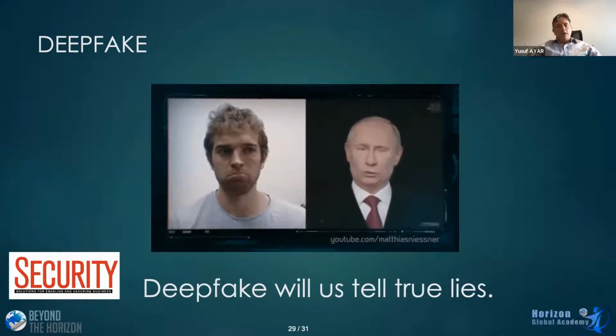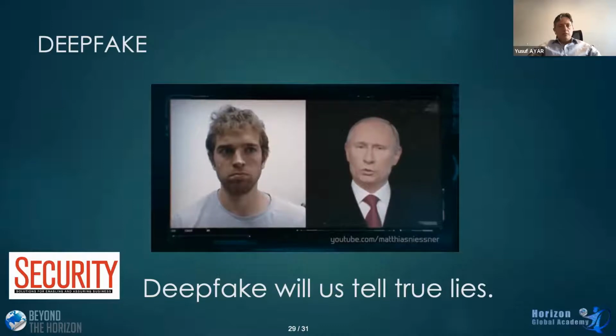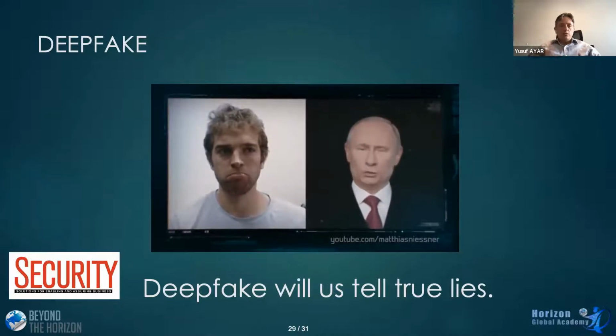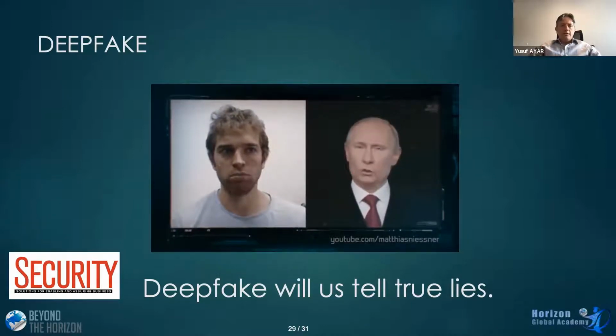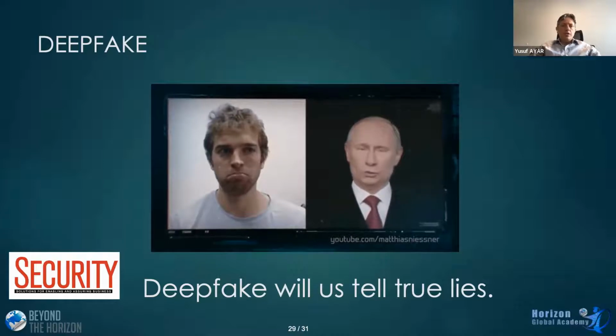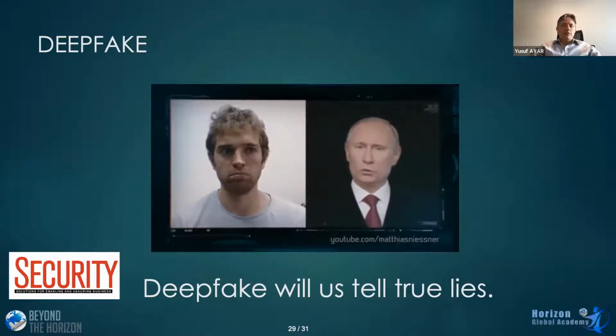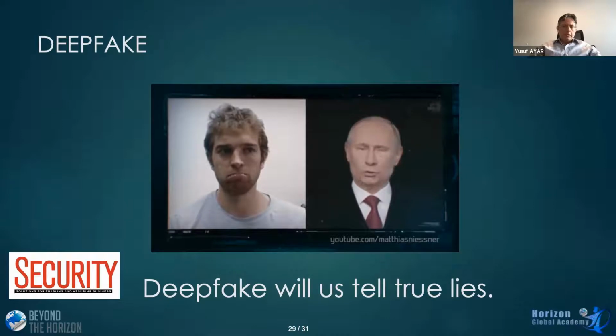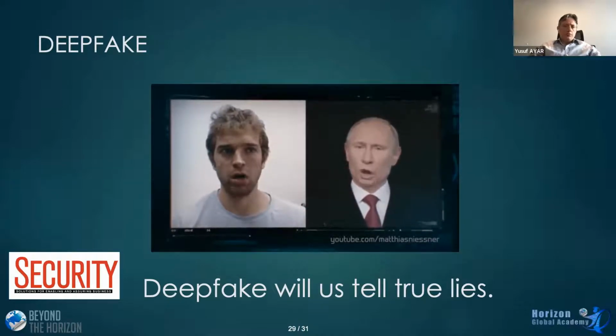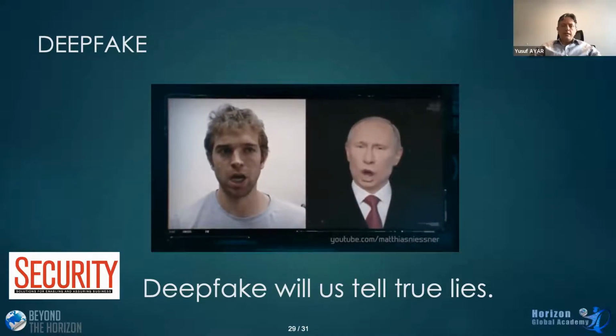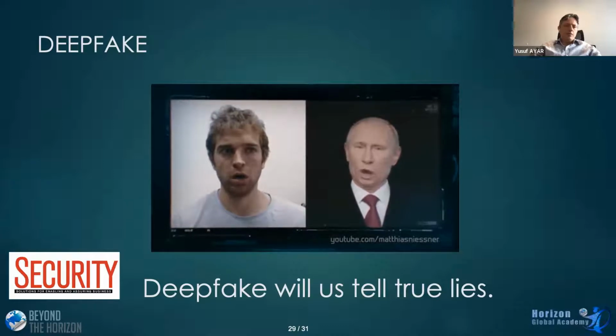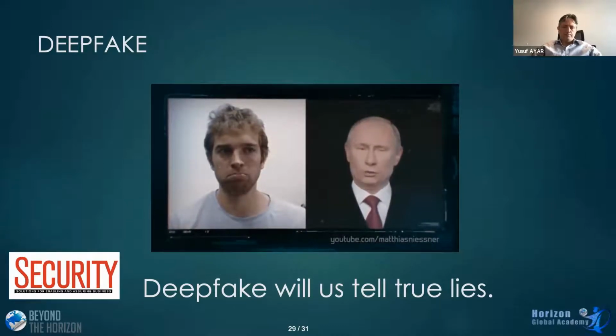And to be honest, this technique is getting better and better, as machine learning and AI are also advancing. I expect we will see more serious cases where deepfake will have an effect on the masses. And there is a very correct definition of deepfake from Security Magazine. It says, deepfake will tell us true lies.